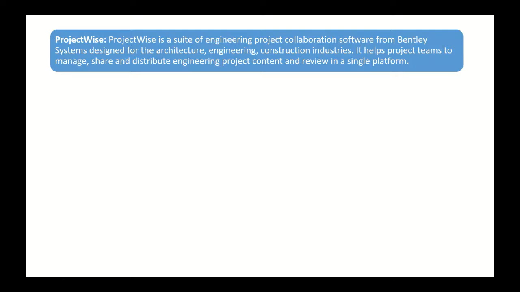So what they did, they created a single platform to share and manage, so we can manage very easily, with no need of any heavy-size mails. If you have designed something, it can be reviewed directly by your manager. That type of system they designed, a common platform, and that is called ProjectWise.